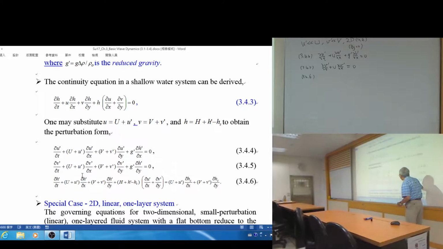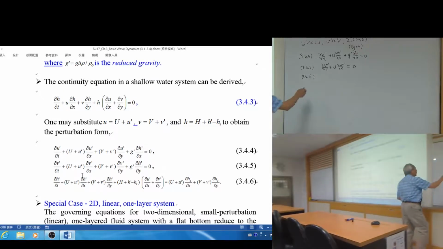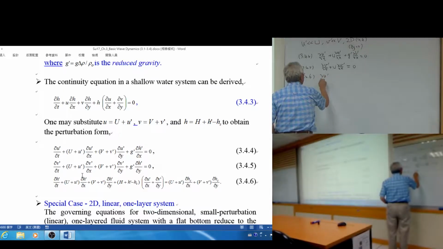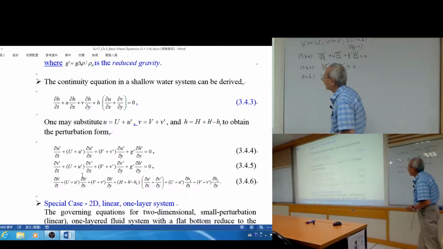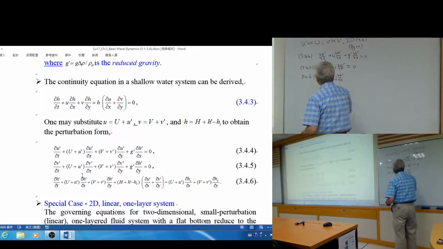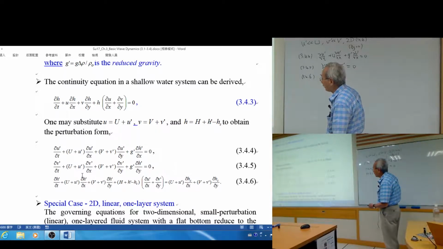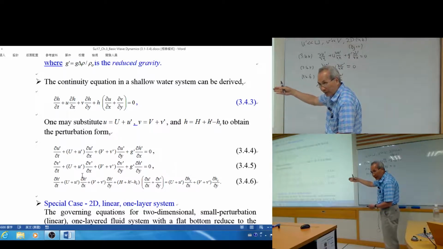The right-hand side becomes 0, and this term is 0, and this is gone. So we have u prime, partial t, plus U partial u prime, partial x. And this term is gone because there's no y variation, that means partial y equals 0, right?